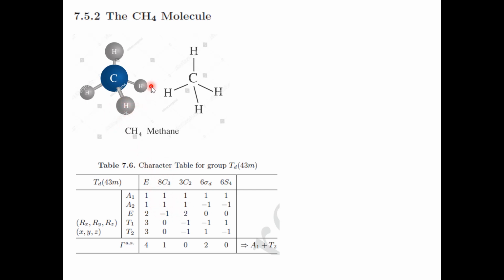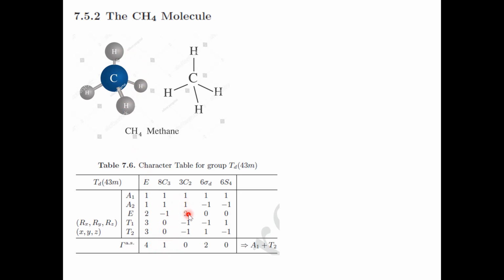I start by considering the linear combination of s orbitals from hydrogen atoms, and I start then by looking at the equivalence representation. When I apply the identity, atoms don't move. C3 is a rotation around one of the CH bonds, right? So one hydrogen atom is invariant, and the other 3 move. So the character is 1 here.